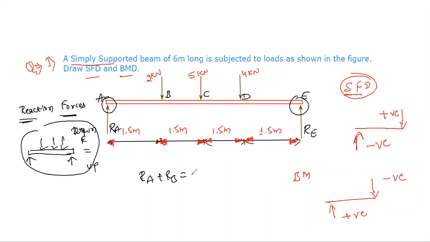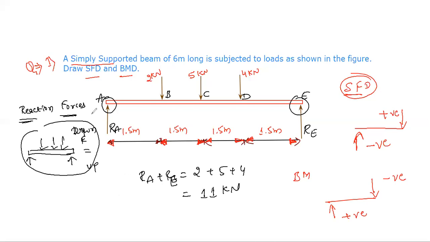The downward forces are the three point loads: 2 kilonewton plus 5 kilonewton plus 4 kilonewton. Ra plus Re is equal to 2 plus 5 plus 4, which is nothing but 11 kilonewton.